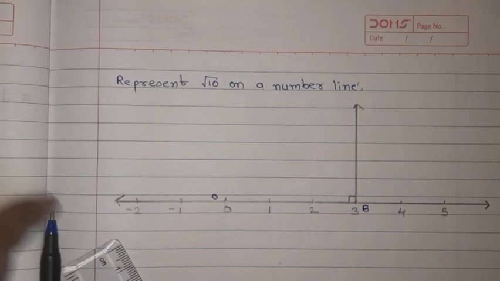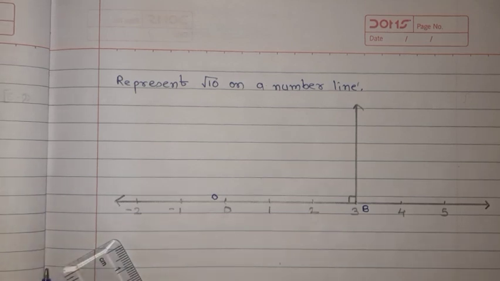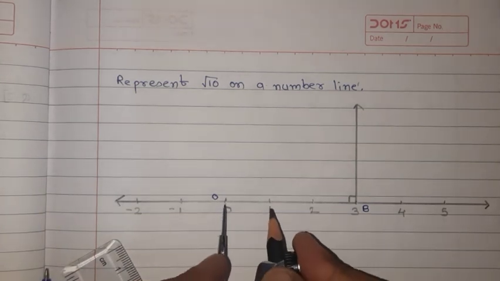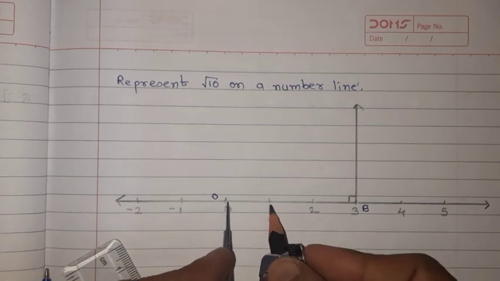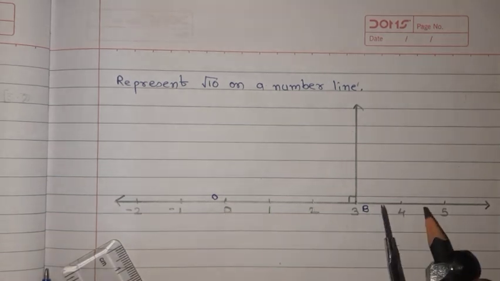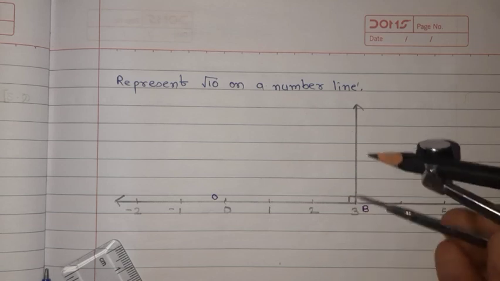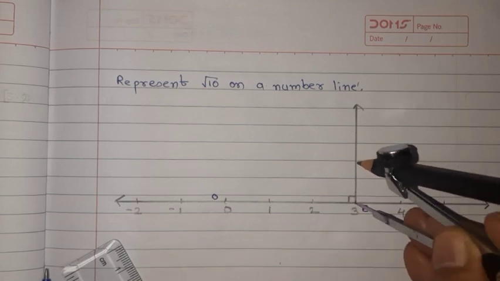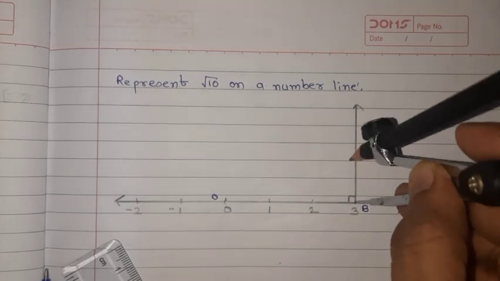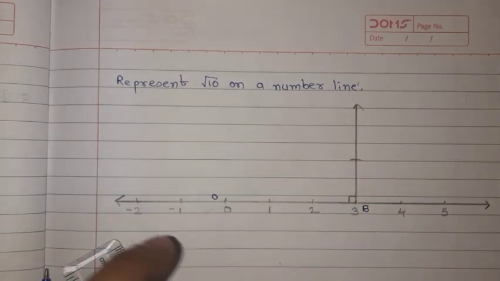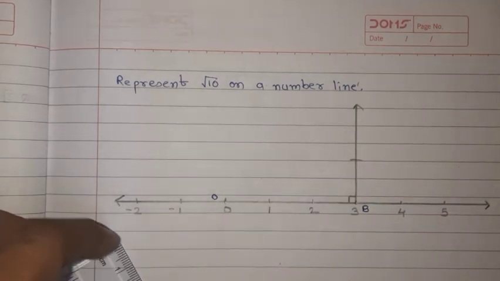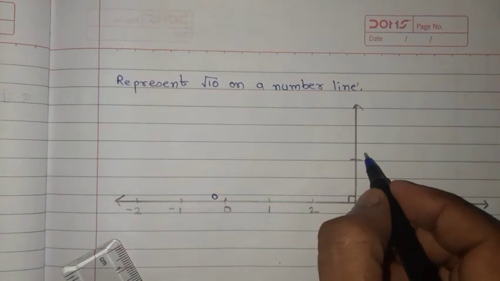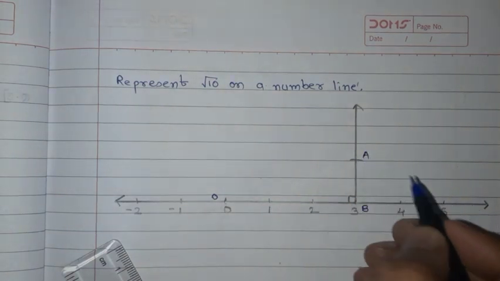As in the previous sum, what we have done, we have taken a distance, this distance which is uniform everywhere in between 2 points. The same distance we have to take from this B and make an arc like this, and we can write here, suppose this is point A.